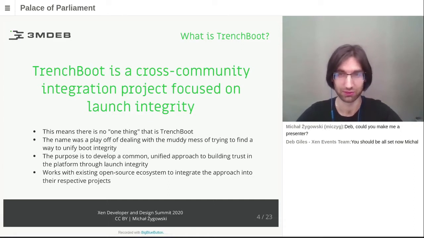The name TrenchBoot, as far as I have learned, is a play on dealing with the mess of trying to find a way to unify boot integrity. Because, as you may or may not know, DRTM technology is not so unified. Although we have specifications for it, various vendors implement it quite differently. So TrenchBoot also wants to unify the approach, to have the most similar launch integrity process across all architectures.